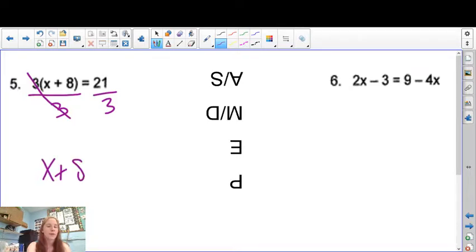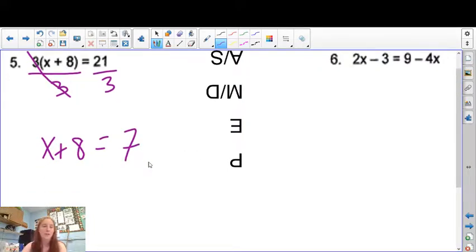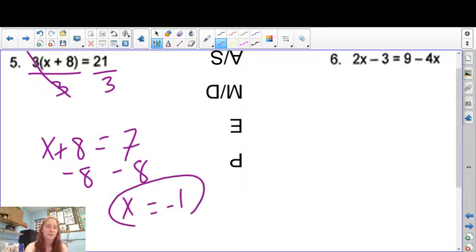That leaves me with x plus 8, technically in parentheses, but since I've undone the multiplication with the division, the parentheses can be dropped since there's nothing else going on with it. And then 21 divided by 3 is 7. Now we're going to undo the addition that I see with subtraction. So I'm going to go ahead and minus 8. And I'm left with x is equal to -1.